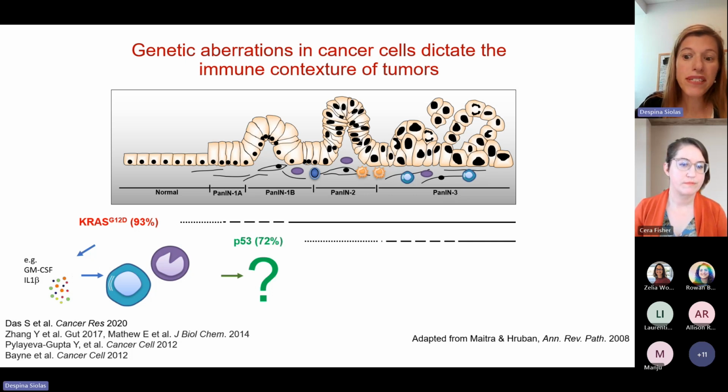But building on this concept, the appearance of additional alterations may further alter the immune landscape. P53 is the second most common genetic alteration. And so we were interested to see, well, what happens to the immune microenvironment as the tumor progresses from KRAS mutation to the addition of P53.